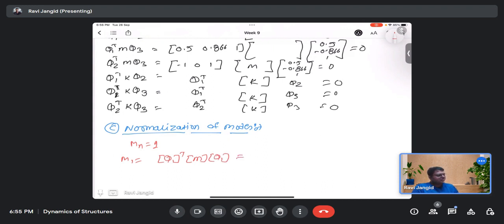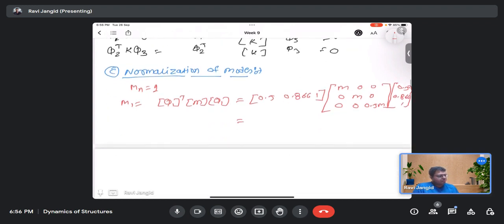If you put phi 1 transpose, it is 0.5, 0.866, 1, with mass matrix m 0 0, 0 m 0, 0 0 0.5m, and then phi 1 is the same 0.5, 0.866, 1. So can you get me the value of M1?